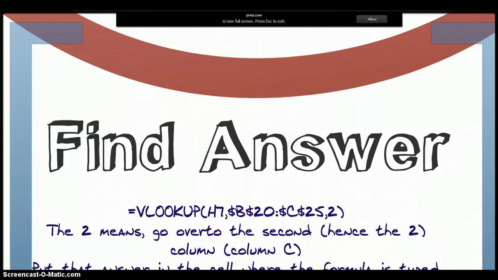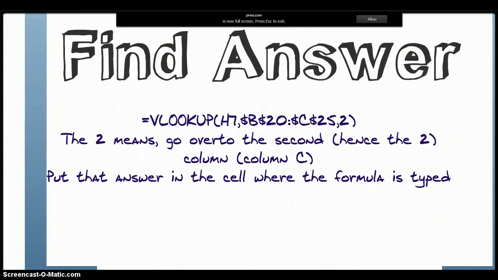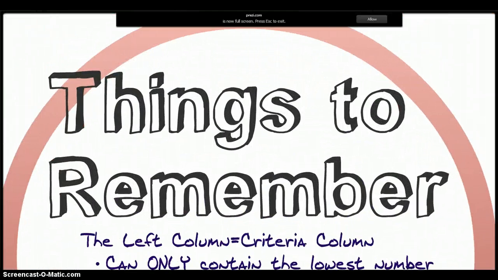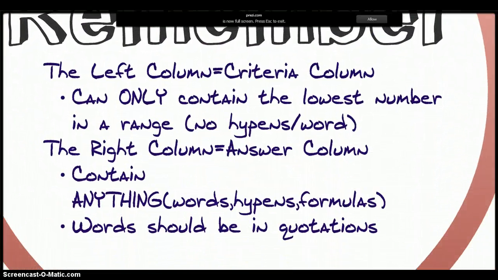Then give me the answer in the second column. That is what the 2 means. The 2 means go to the second column, which is column C, and find the answer. This will never change. In your VLookup formula, it is always 2 at the end. And then the last part is that you tell it to put the answer in the cell where the formula was typed.